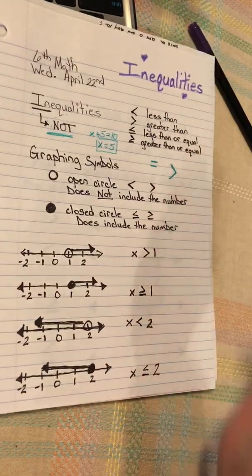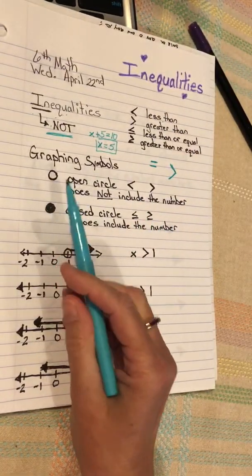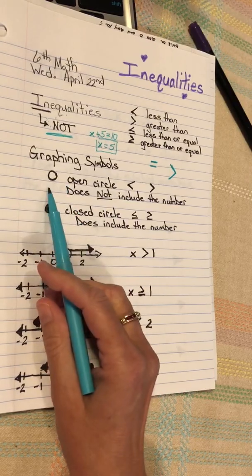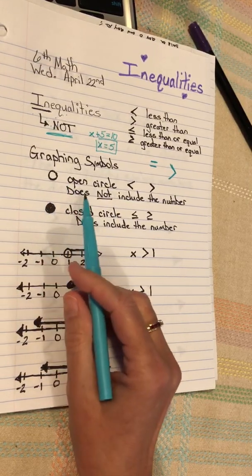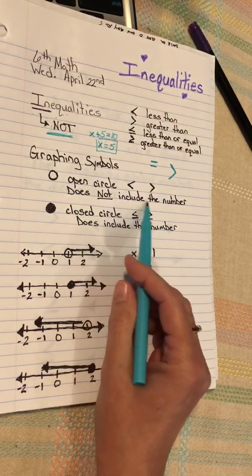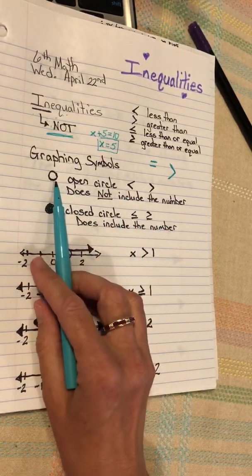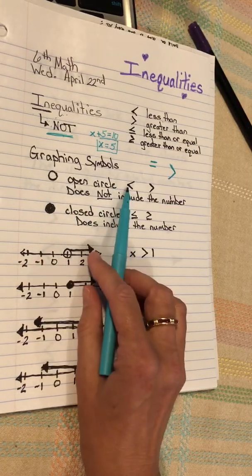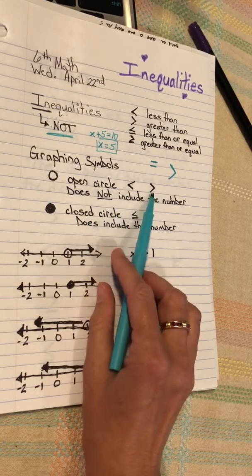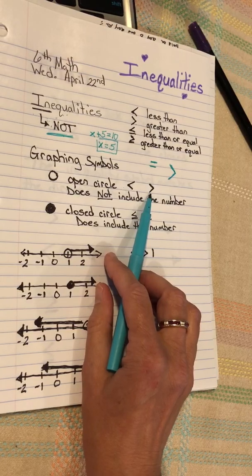The other thing that we need to go over is when you graph it, if there is an open circle, the open circle means it does not include the number on the number line. So we only use the open circle when it's a less than or greater than symbol in the inequality.